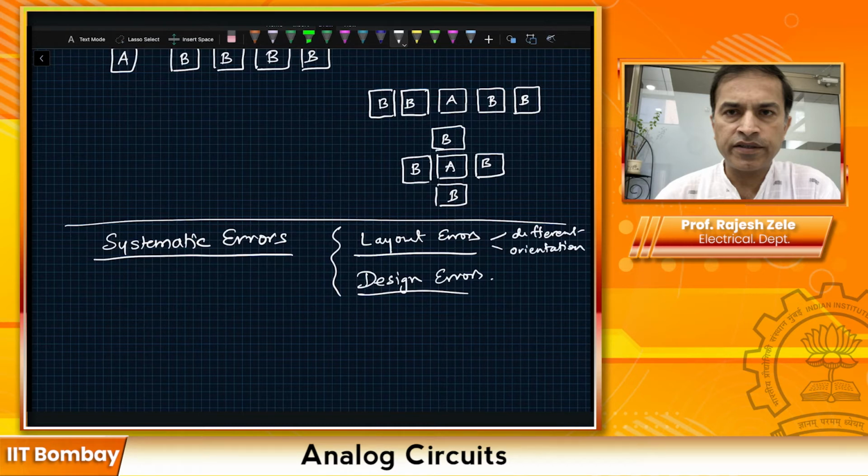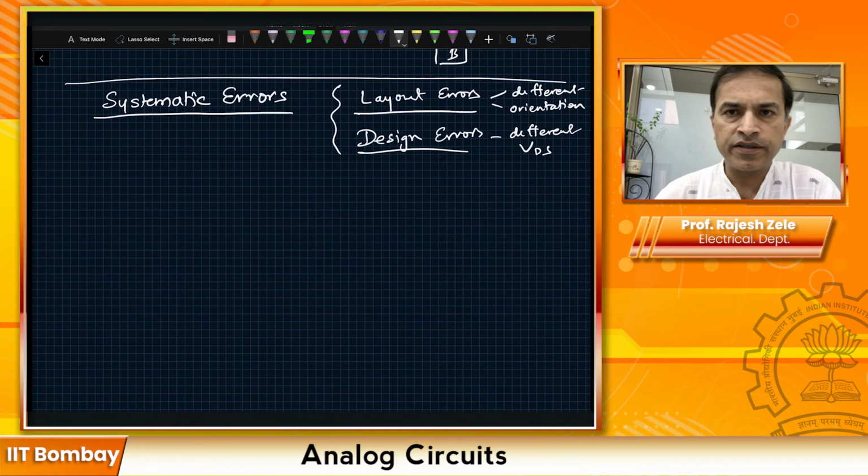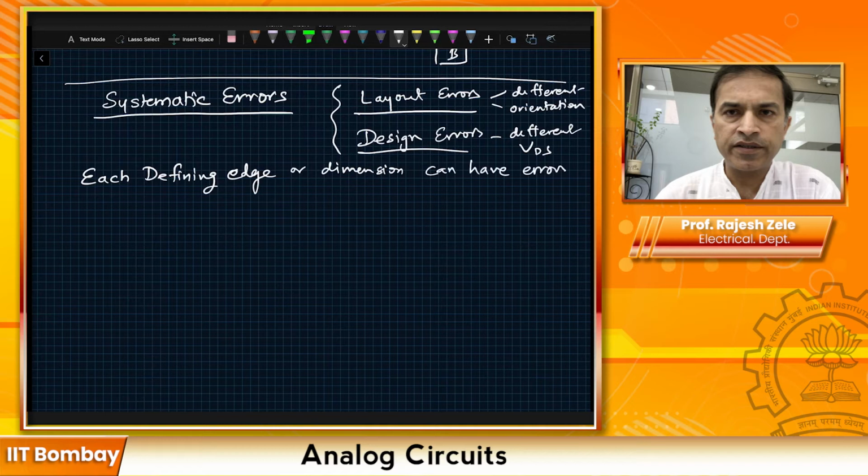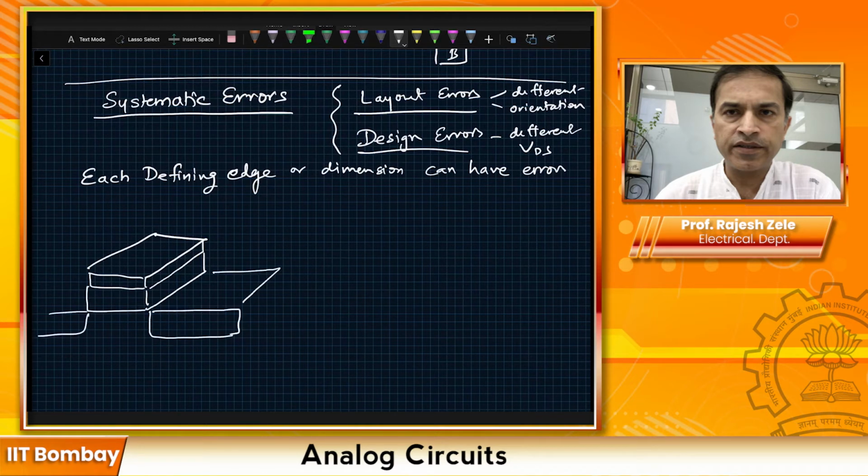And when it comes to design, for example, if you have different VDS between the transistors, then you will not get the exact same matching. When it comes to systematic errors, you can say that basically each defining edge or dimension can have errors. So for example, if you look at a transistor, this is your sandwich, this is your oxide, and then here are your source and drain regions, right?